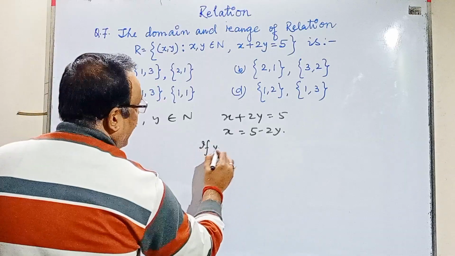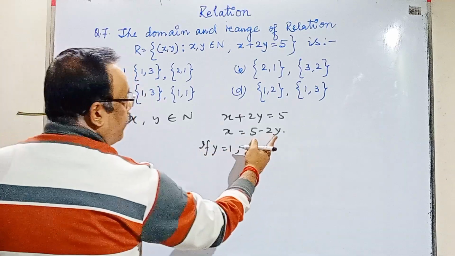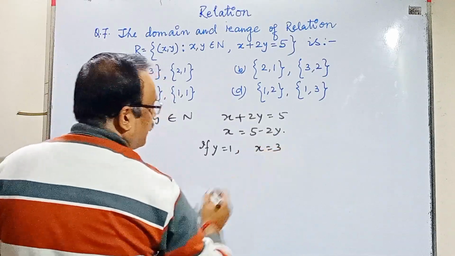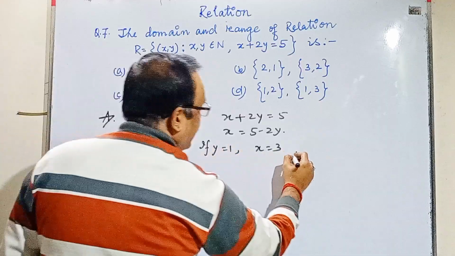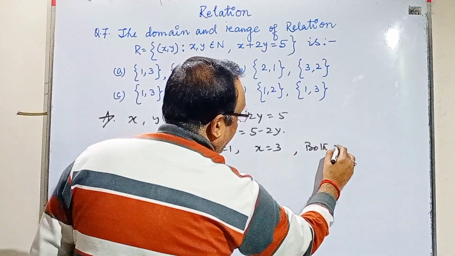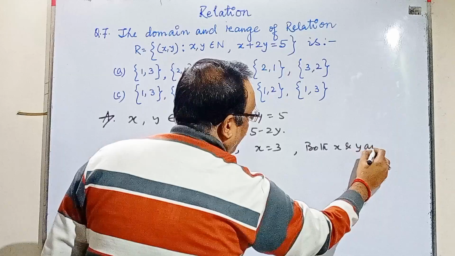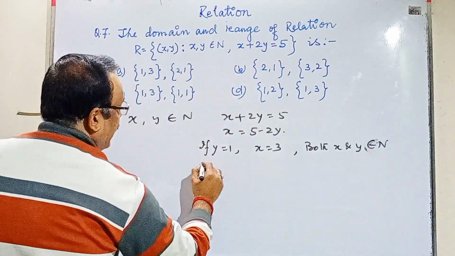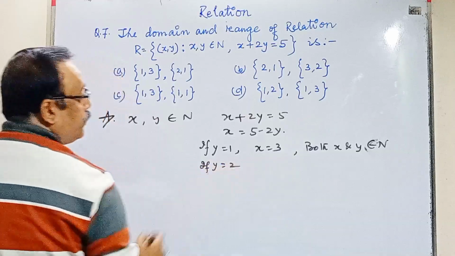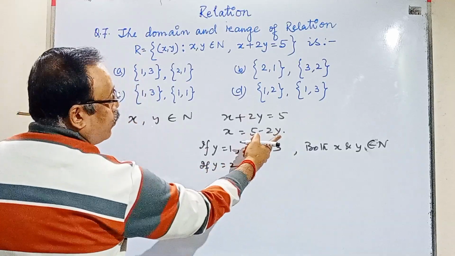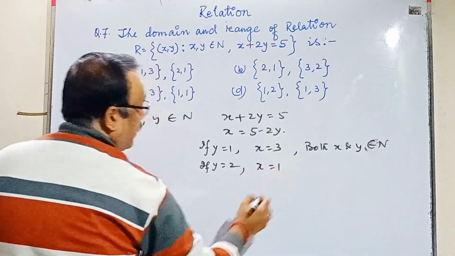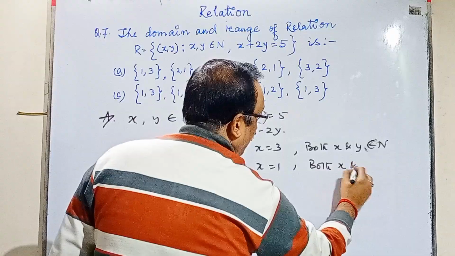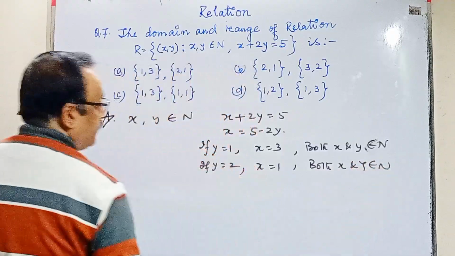If I take y is equal to 1, 5 minus 2 into 1, so the value of x comes 3. 1 is a natural number, 3 is a natural number, so both x and y belong to N. If I take y is equal to 2, 5 minus 4, x is equal to 1. Both 2 and 1 are natural numbers. Both x and y belong to N.